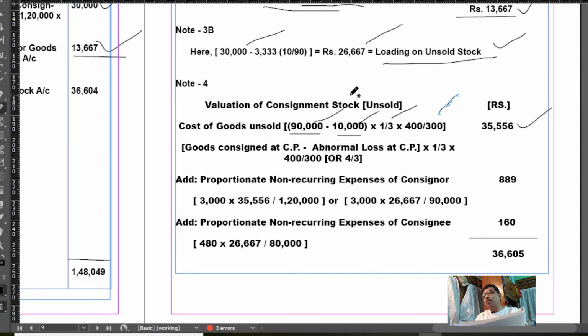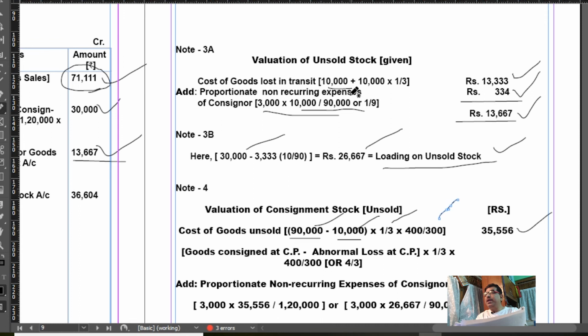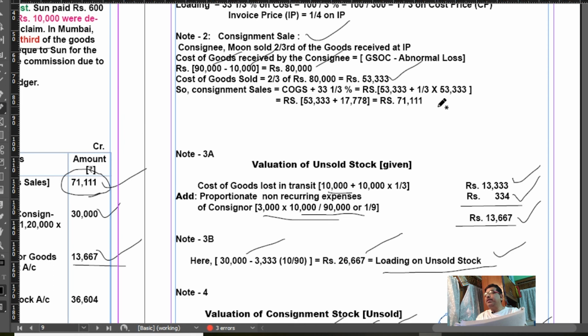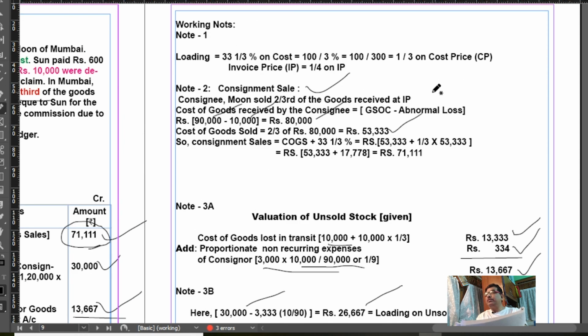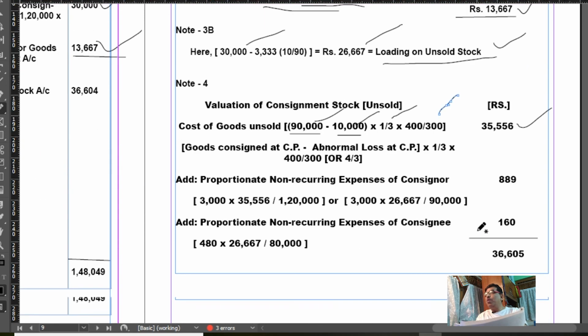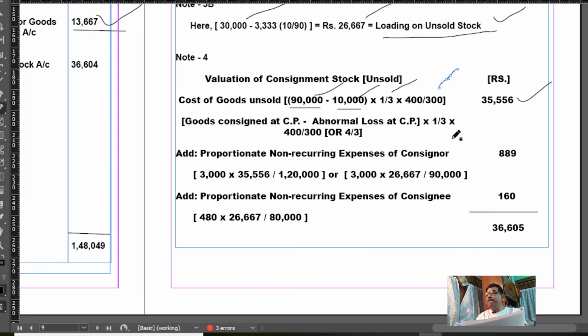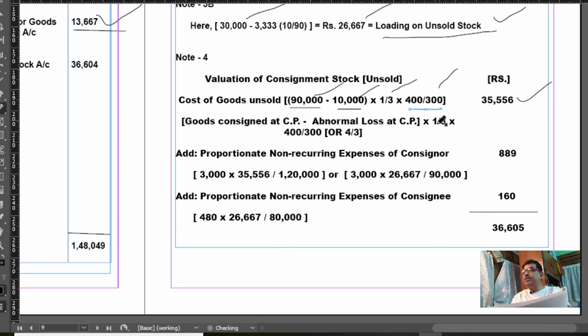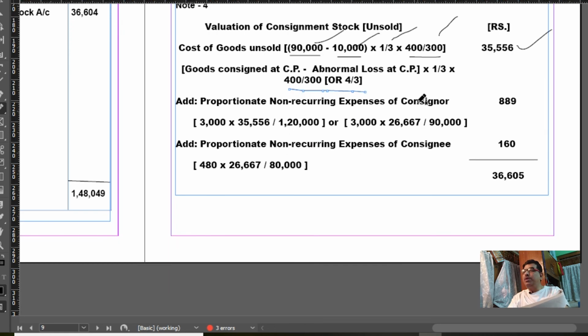If we see early, 1/3 on CP, that is 4 by 3, that is 35,556.